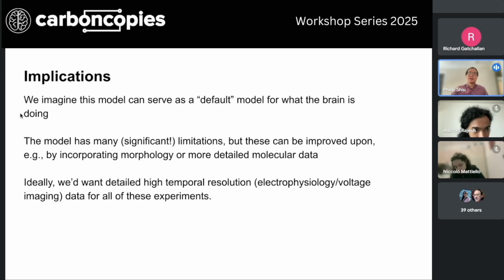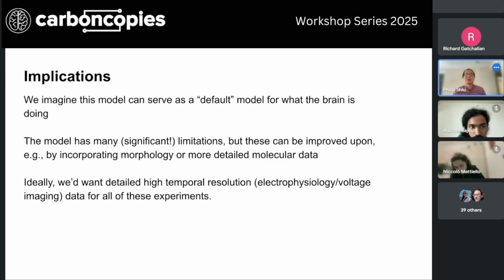The implications are that this model can serve as a default model for what the fly brain is doing. I, of course, want to point out that the model has a lot of really significant limitations, but these can be improved on by, say, incorporating morphology or detailed molecular data.